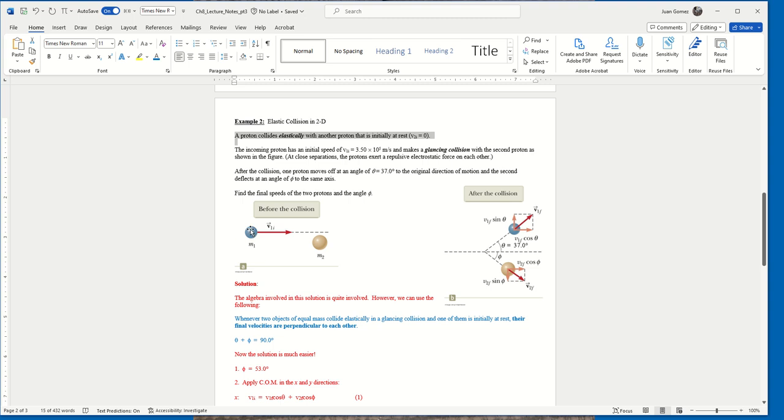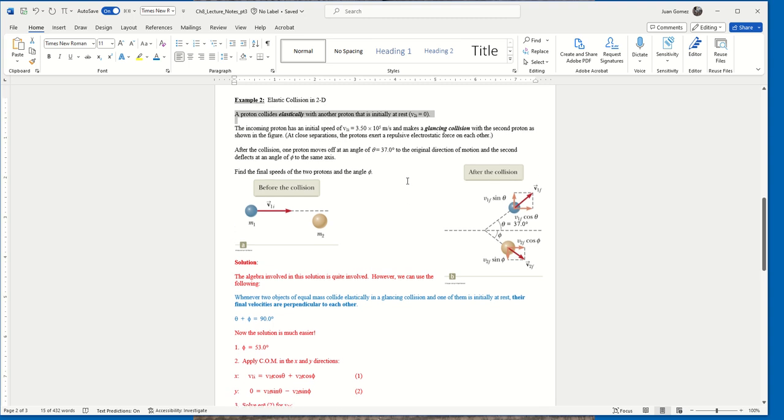Both v1 final and v2 final have an x and a y component, as indicated in the figure.